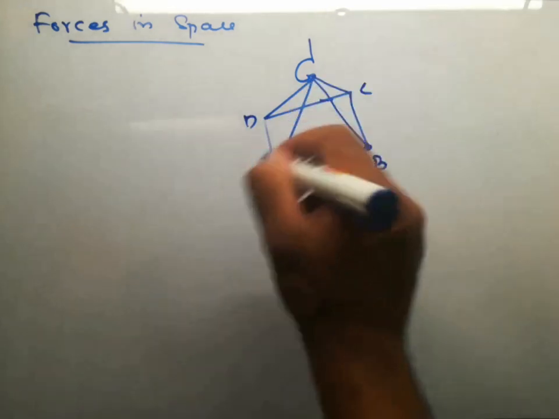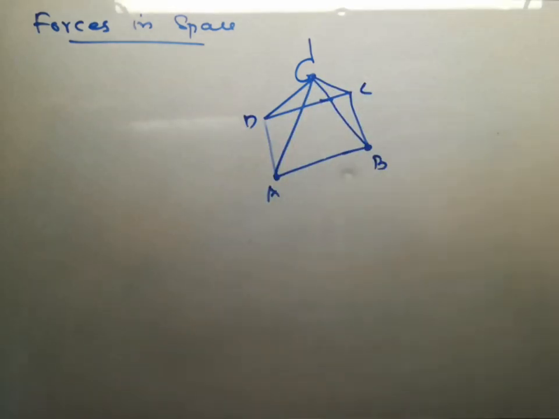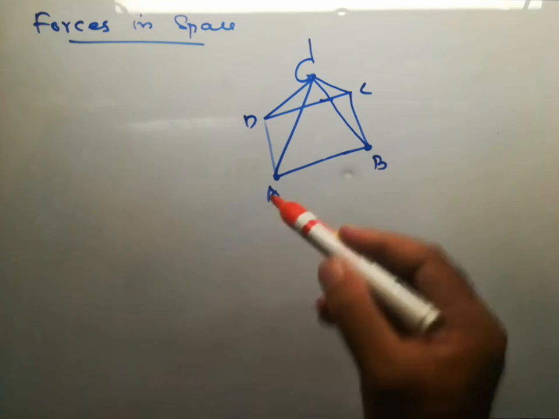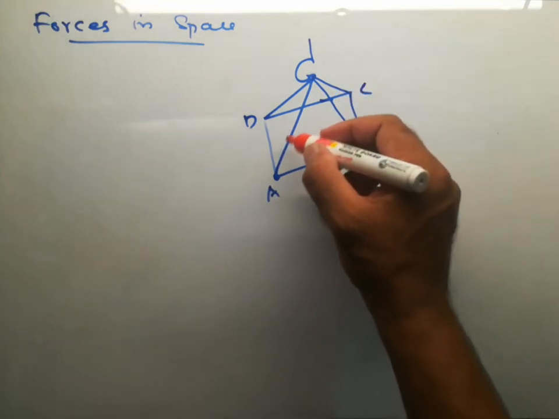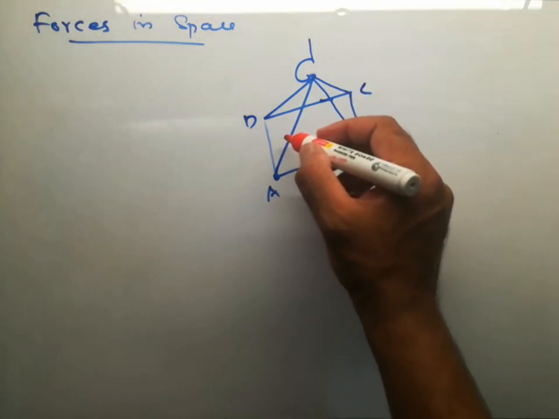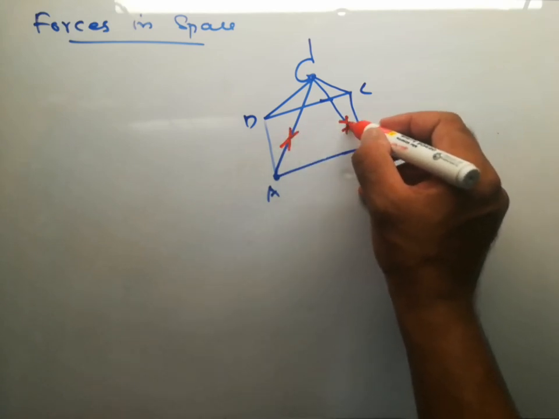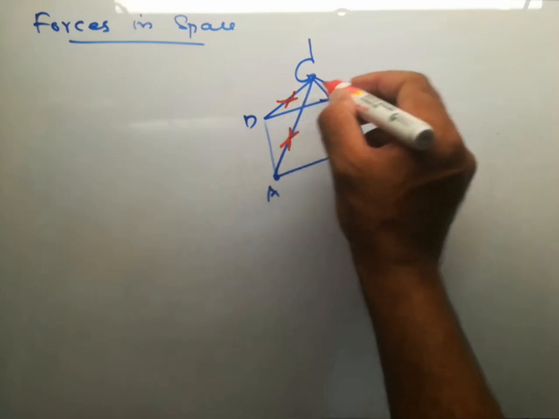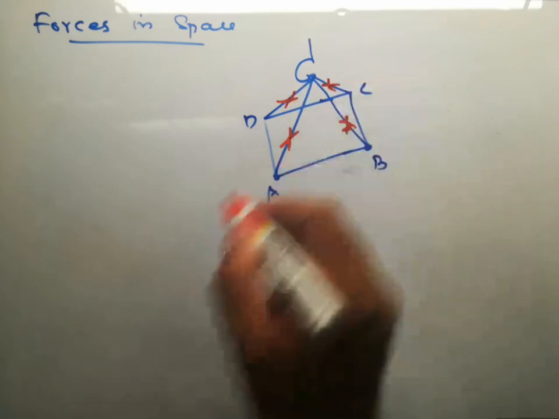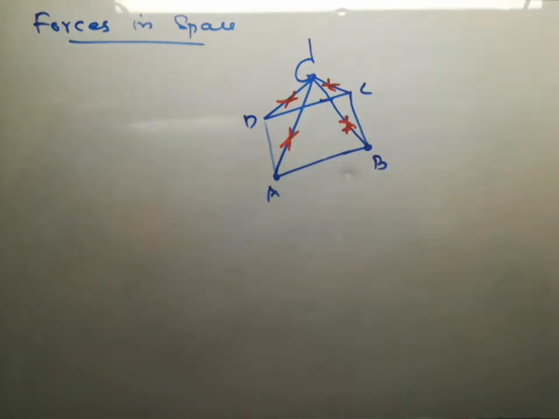So the cables are attached from these points. So here in this case, there will be tension in the cables like this, say T1, T2, T3, T4, etc.